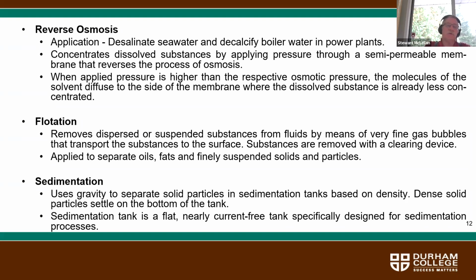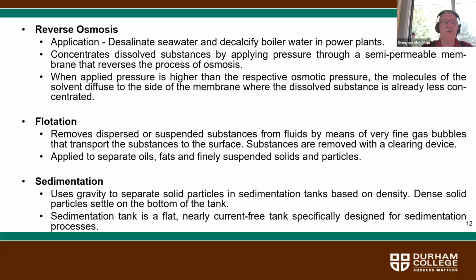And it is probably a process that we're going to see significantly more of as we run into issues with water supply like they're seeing in the western portion of the United States right now. And as it says here, reverse osmosis systems are also used to decalcify boiler water in power plants. The decalcification of boiler water is a fairly important step.